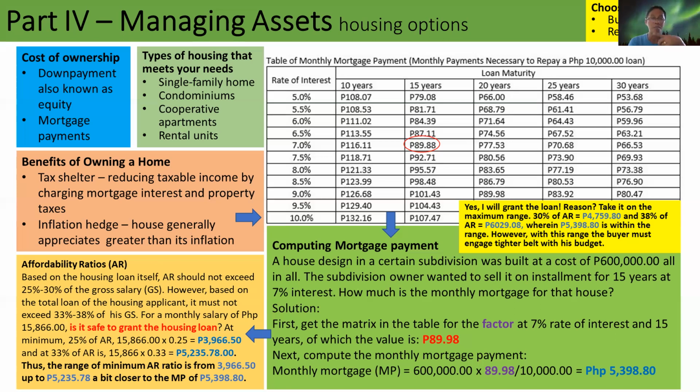Anyway, within the range siya, malapit lang naman siya. Let me stand corrected, ha? Hindi yan 89.98, but 89.88 according to the table. So the monthly is 5,392.8.